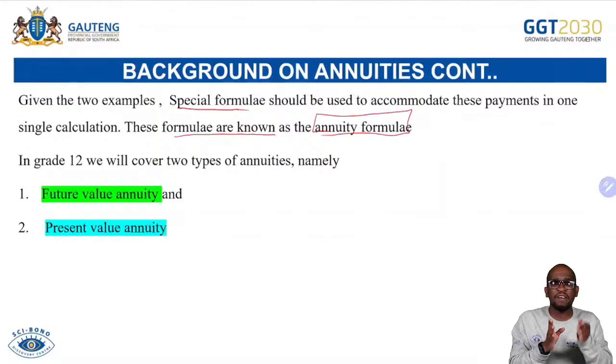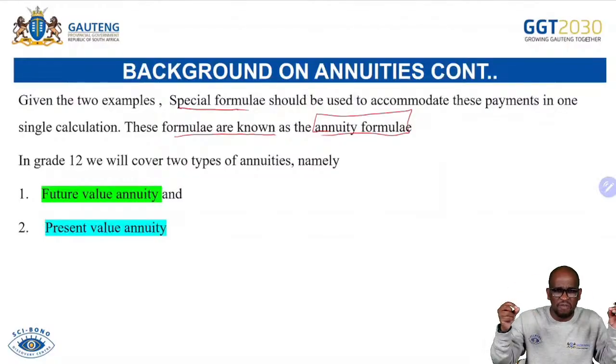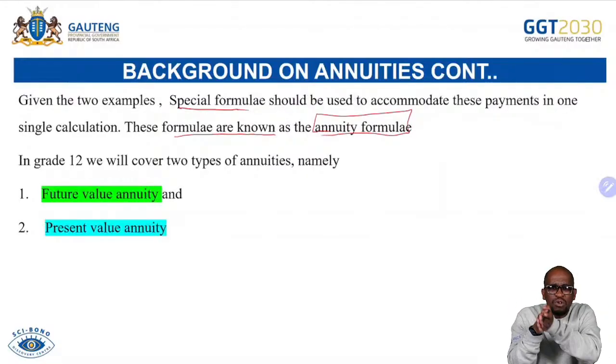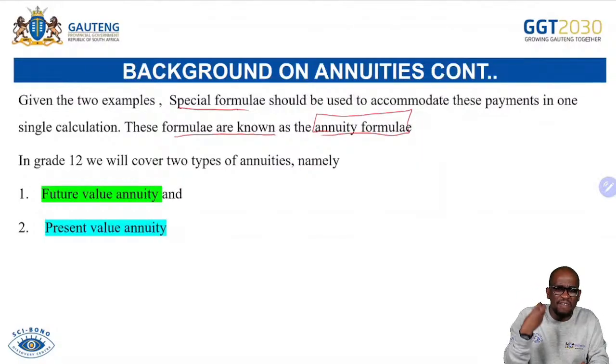In grade 10 and 11, you dealt with different amounts, withdrawals, and investments within a specific time period. So in grade 12 now, you are moving with the same amount in the same period of time. All right, so we develop the annuity now, which we have to know how to deal with using the annuity formula.